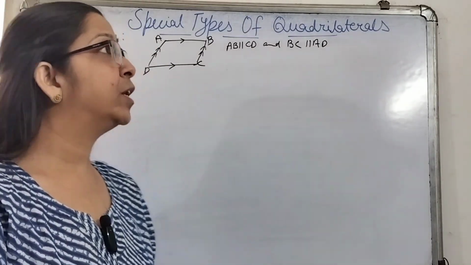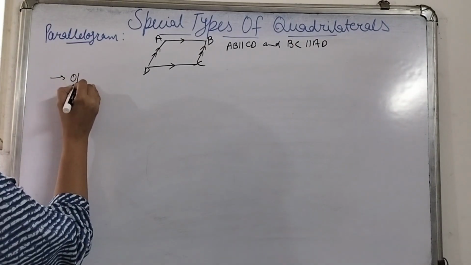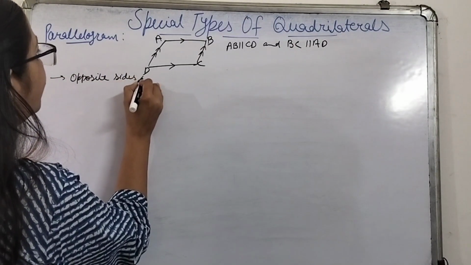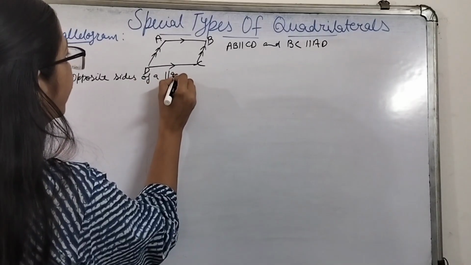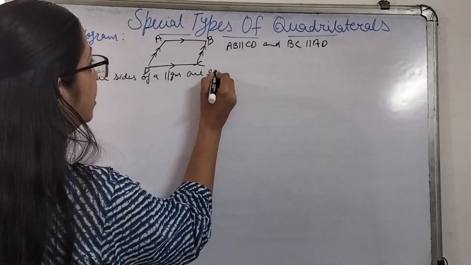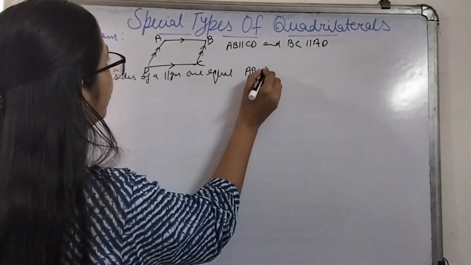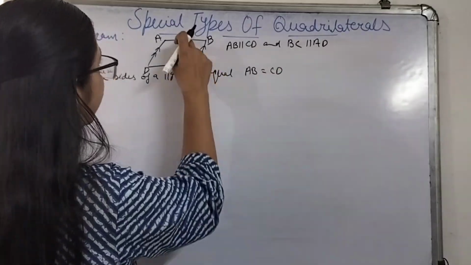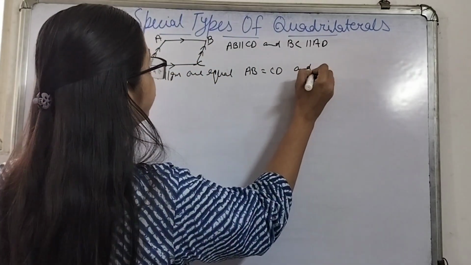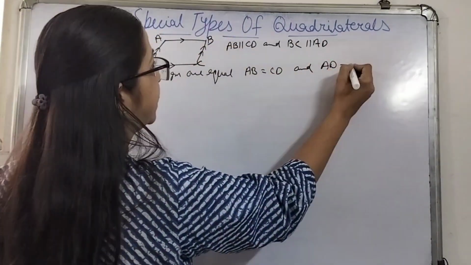Let's understand it. Some other properties of a parallelogram: the opposite sides of a parallelogram are equal. That means AB will be equivalent to CD. These are the opposite sides. So AB will be equivalent to CD and AD will be equivalent to BC.